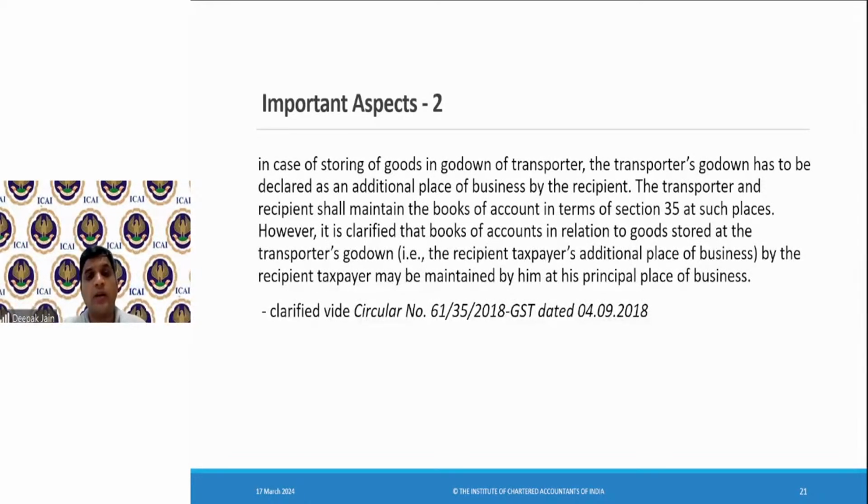When there is a requirement under the rules which says that the principal place as well as this transporter is required, this circular says that where you are using a godown of a transporter, in such case, if it is maintained at the principal place of business, that is sufficient, because they know the transporter is not a person who will maintain it. So they have given a relaxation through this circular, wherein if you are holding the goods as a transporter on behalf of the principal, then if the principal maintains the records of his stock at your godown, that is sufficient.